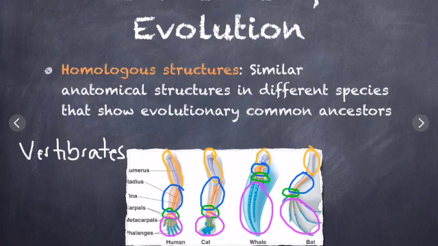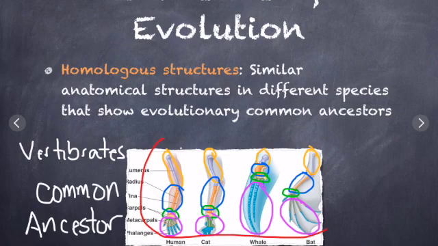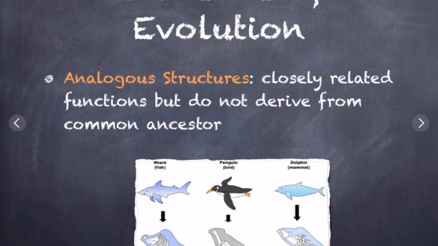Even though they have evolved to change over time to different species, way back millions and billions of years ago, there was one common ancestor that we can trace all the way back to show why there are all of these similarities.